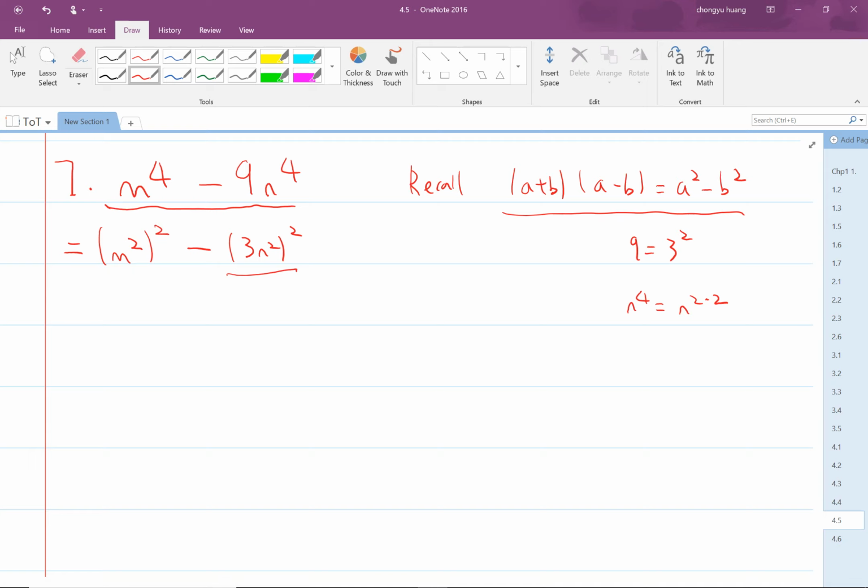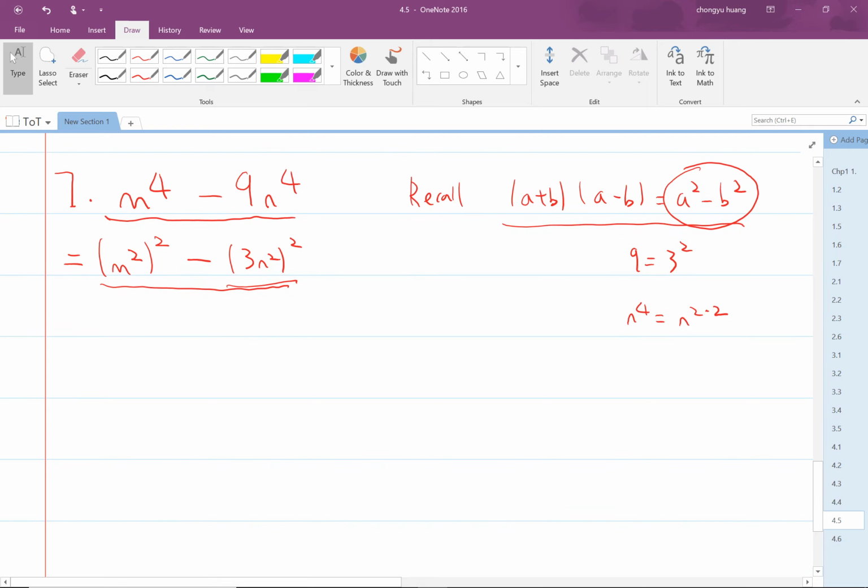Okay, so now you're going to apply the property. Now you see over here, it's really familiar, right? So now we're going to apply the property. The property works this way: m squared plus 3n squared, and m squared minus 3n squared.